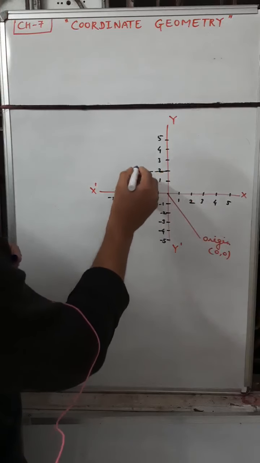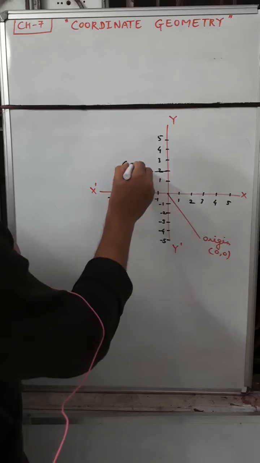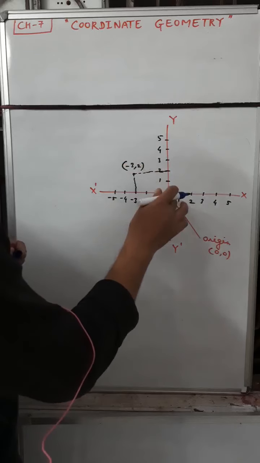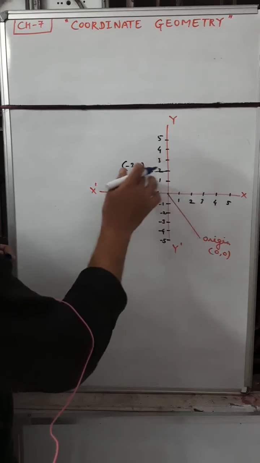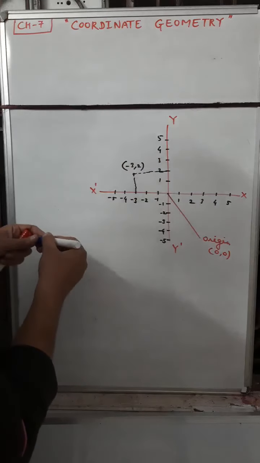Suppose you have the point minus 3 comma 2. That means the distance covered on the x-axis is minus 3 and the distance covered on the y-axis is 2.